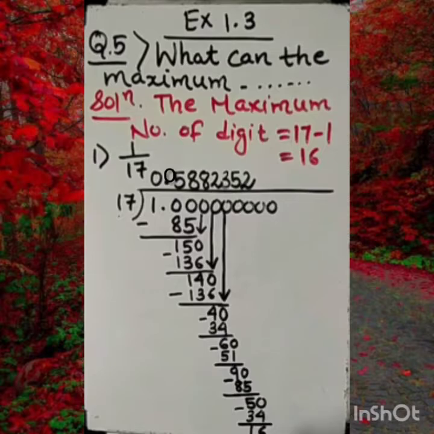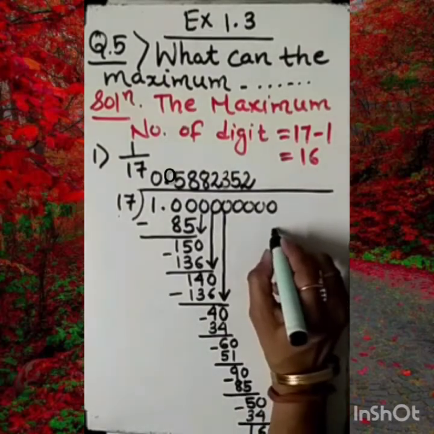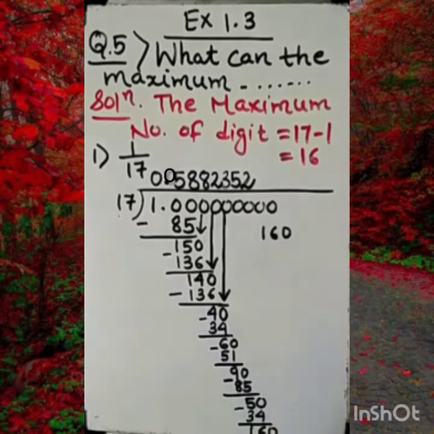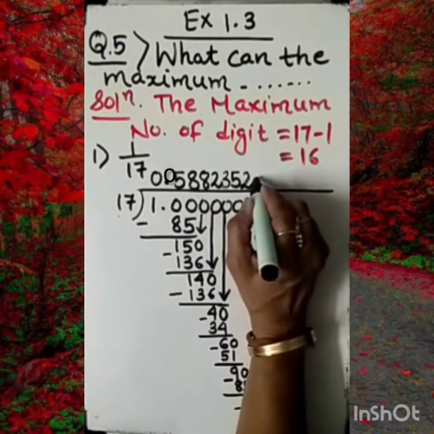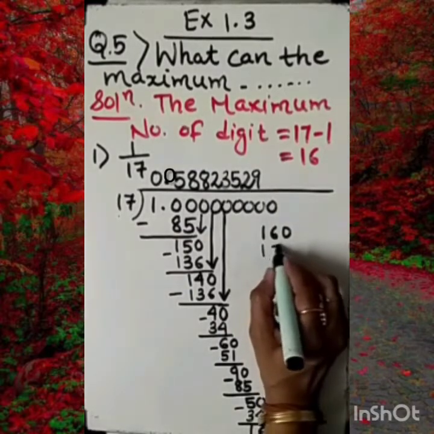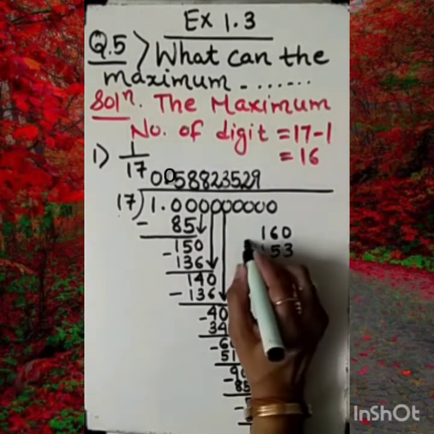Okay. Now one more 0 if I go with that, so I will have 160. Let me write this 160 here. If we recite again the table of 17, then we know that 17 9s are 153.